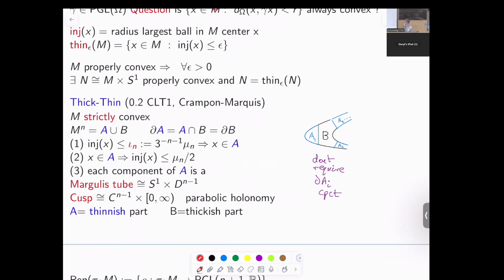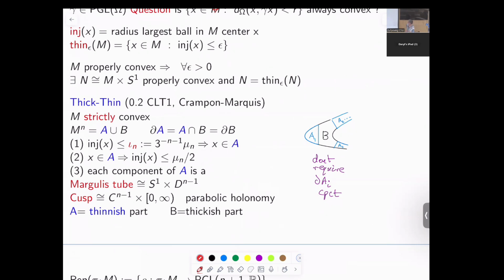So if M is a strictly convex manifold, then it's a union of two bits, A and B. As indicated here, B is the thick part, and A has various components, it's the thin part.